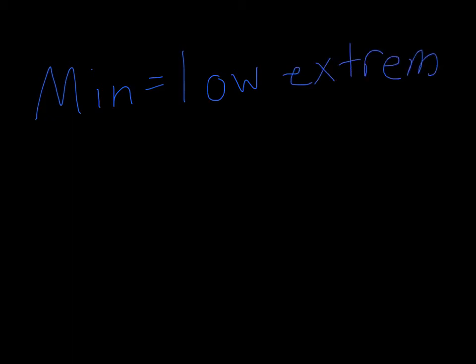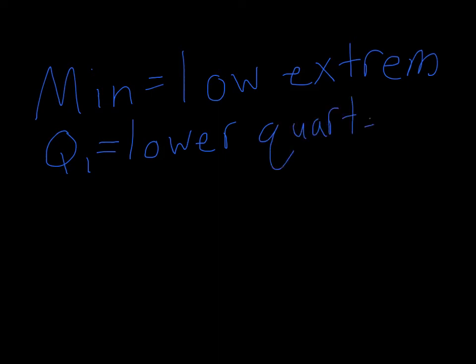Real quick, I just want to talk about some vocab. They're going to use the word low extreme, and that is pretty much your minimum value or your smallest value. They're going to call your Q1 your low quartile or your lower quartile, and you should also understand that this is the 25th percentile.